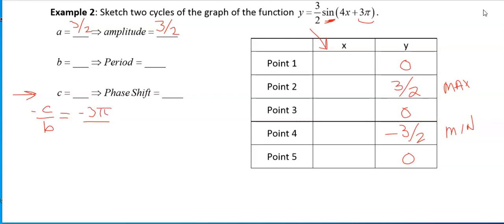Divided by b right there. Look at that. That's a 4. Well, look at that. That's my phase shift or my displacement. You can fill that right in here. Negative 3 pi over 4. What I wouldn't give for a nice stylus. That goes right there. Negative 3 pi over 4. Look at that. You got your first point already. Negative 3 pi over 4 and 0.